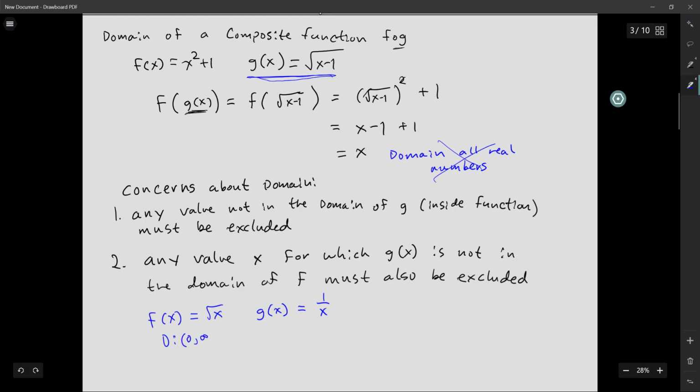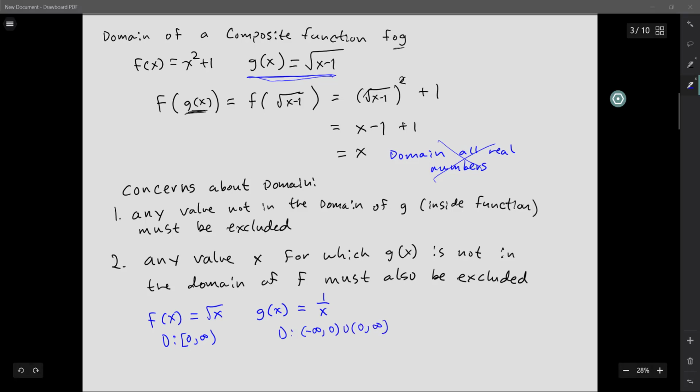Oh no, it's not strictly positive. I can plug in 0. Okay, but no negative numbers. And then for g here, I can plug in anything that's not 0. So minus infinity to 0, union 0 to infinity.